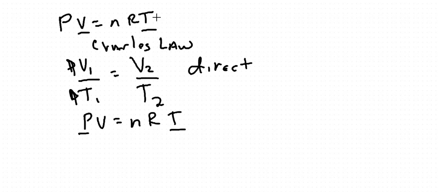Because look, in order to move this T to the same side as the P, how do I move this T over to this side of the equal sign? Divide. So you get, doesn't that relationship look just like the one above it?